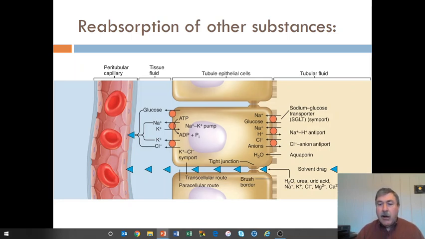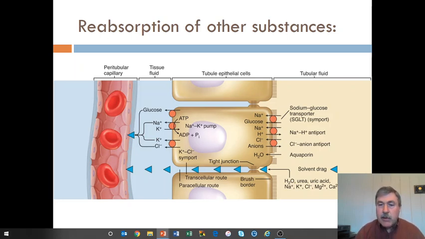But not all of the urea and uric acid gets reabsorbed. So enough of it does not get reabsorbed that some of it can get eliminated via excretion of urine. So even though not all of the urea and uric acid gets excreted, enough of it does get excreted to lower the concentration of those substances in the blood.